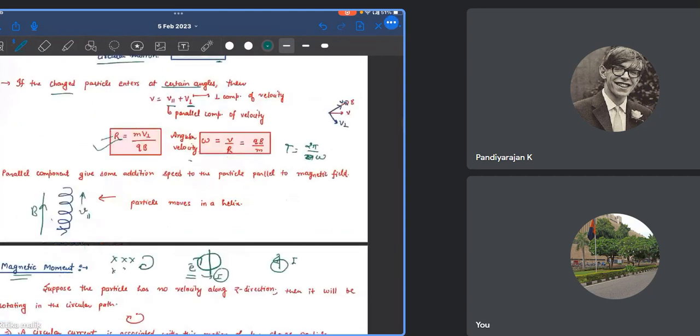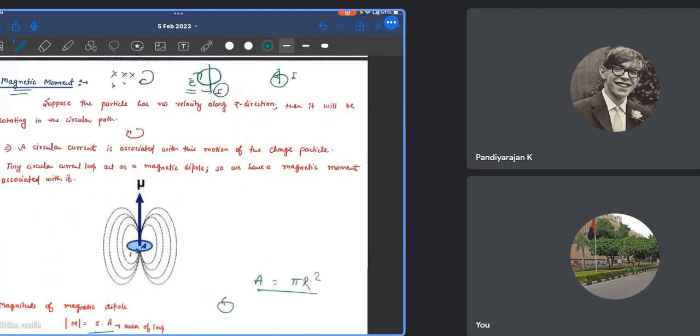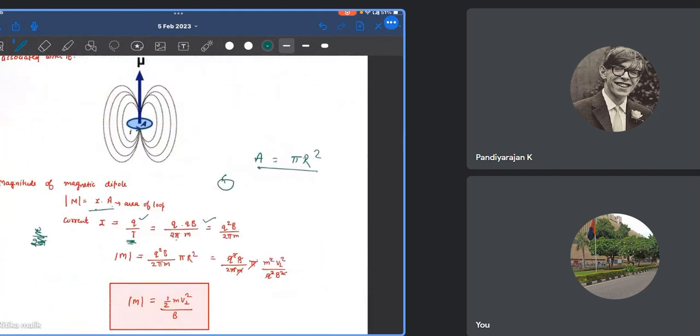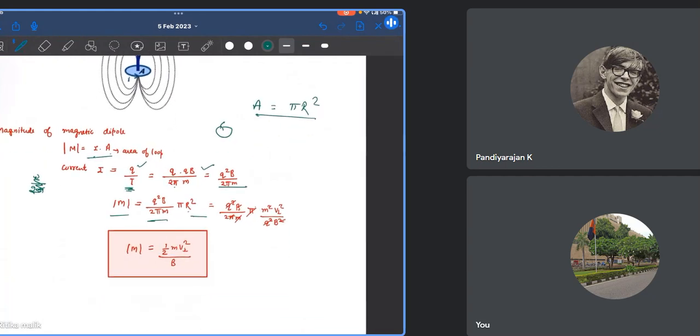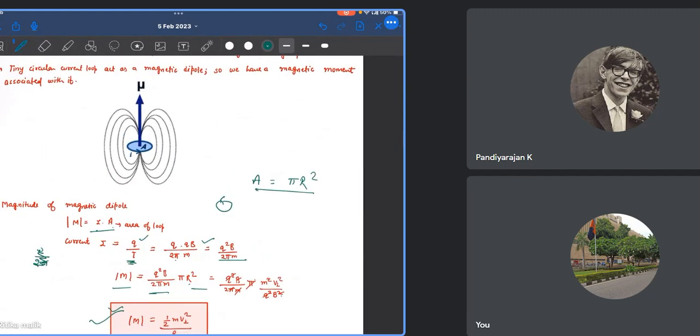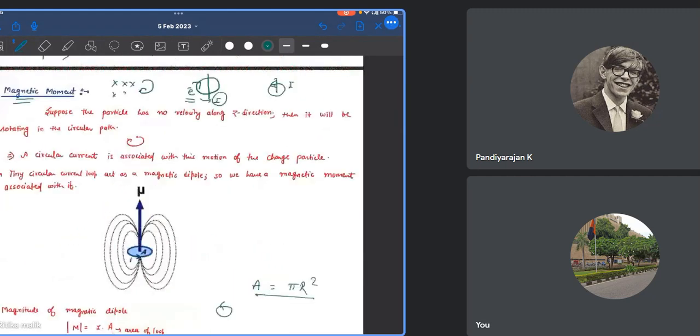From there we get omega equal to qB by m, so the time is 2 pi m by qB. We can put the value of this time here. From there, we calculate the magnetic moment as I into area and then put the value of r. So this is the magnetic moment of this charge motion when it is moving in circular motion due to the magnetic field.